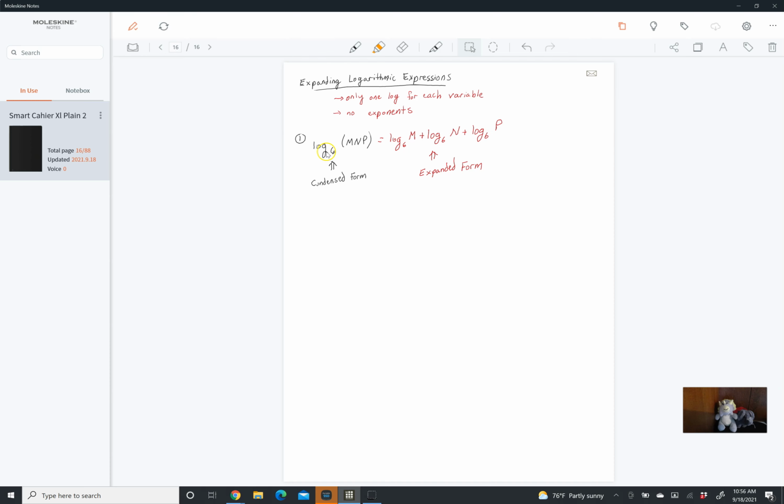Think about it at the bottom of the G. Even though it may look like it's an exponent of 6, it goes directly next to the log. It's on the same line. And it is not an exponent. This is an argument. The whole idea of logs is that you don't have exponents in them. Okay, so let's take another example.